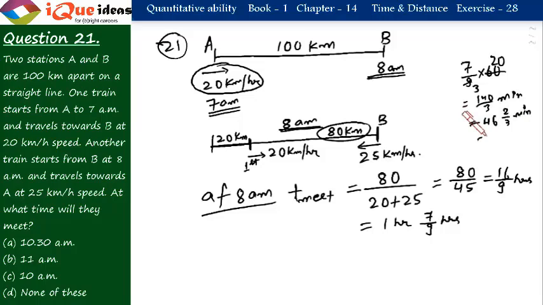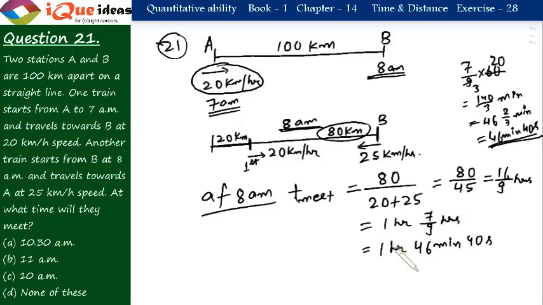Further, 1 minute is 60 seconds, so 2 by 3 minutes would be 40 seconds. So it is 46 minutes and 40 seconds. So it is 1 hour 46 minutes and 40 seconds.